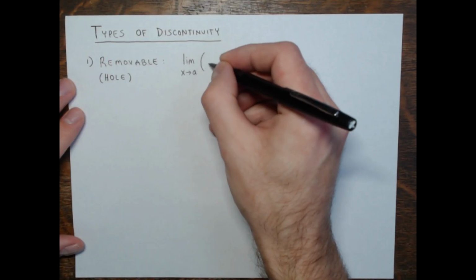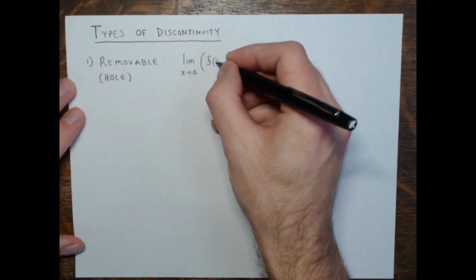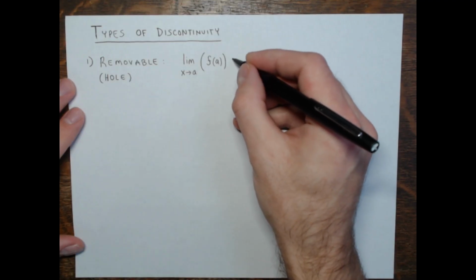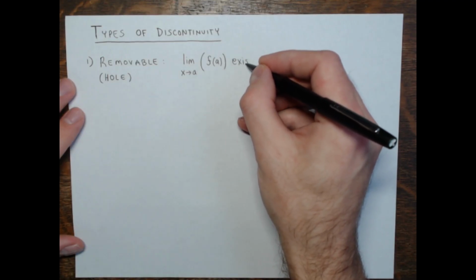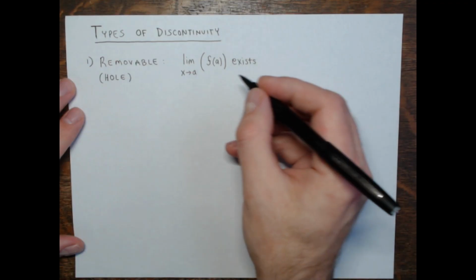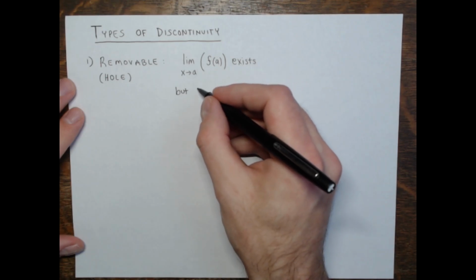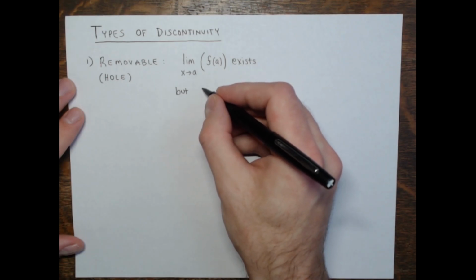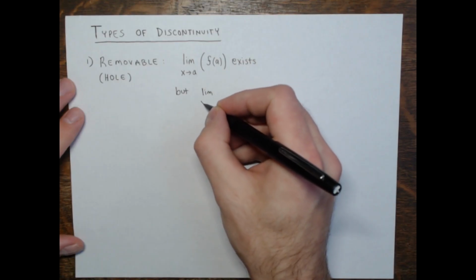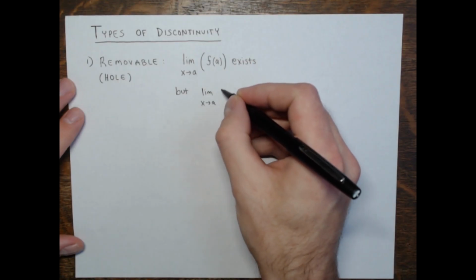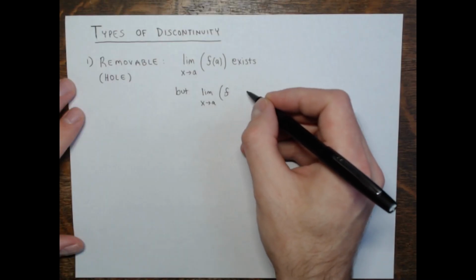So the two-sided limit exists, but is not equal to the value of the function at a.